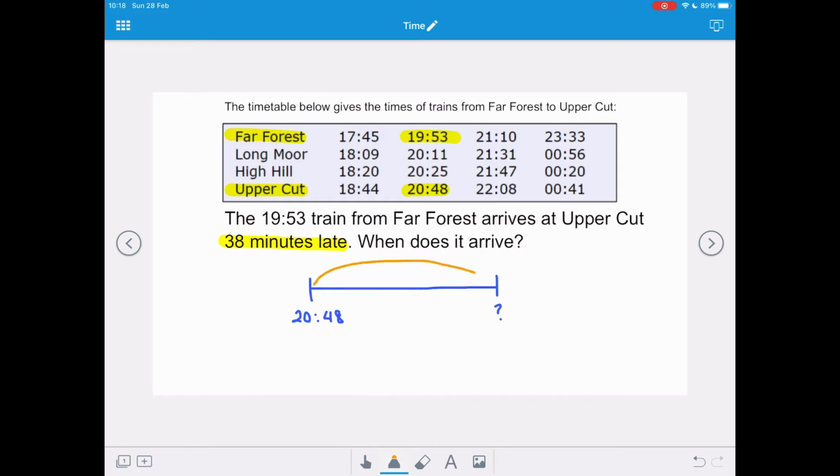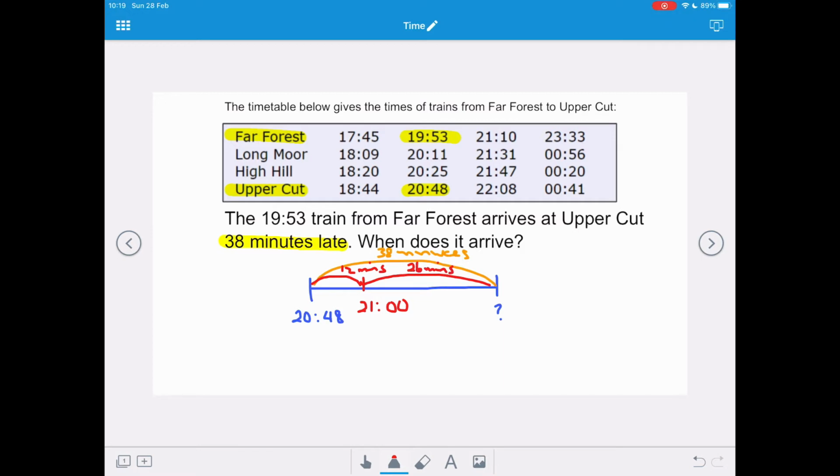Again, we're going to go through o'clocks, so we're going to break down that 38 minutes. So to get to the next o'clock, which would be 2100 or 9 p.m., that would take 12 minutes from 20:48. And if we do 38 take away 12, that leaves us with a further 26 minutes to take us to our actual arrival time.